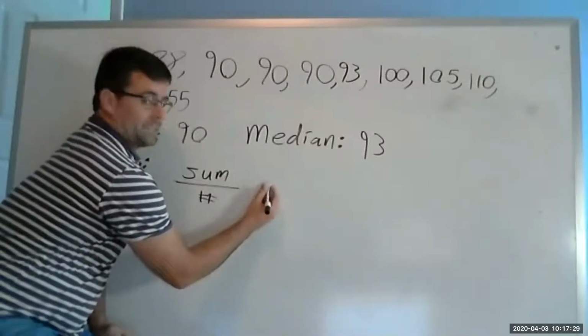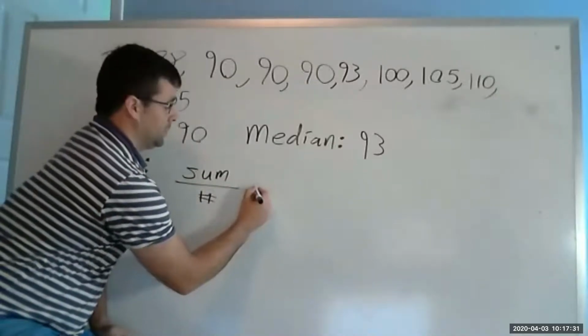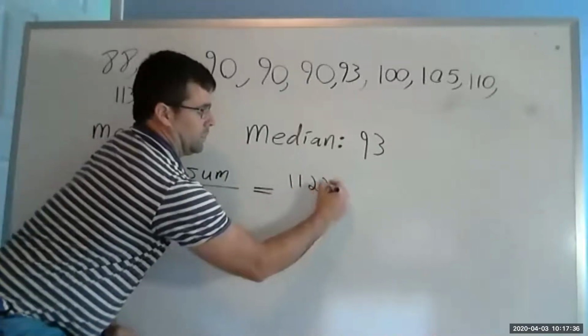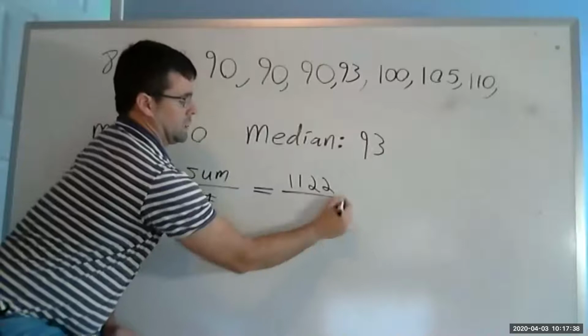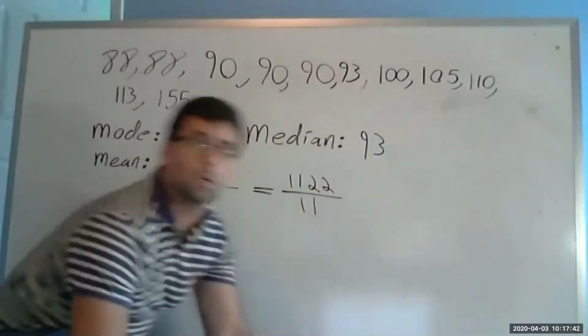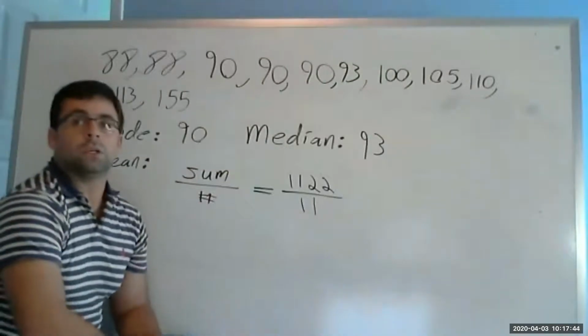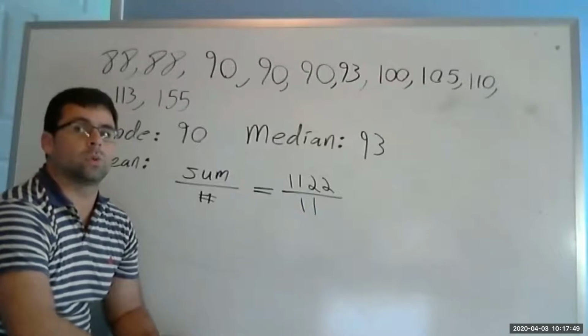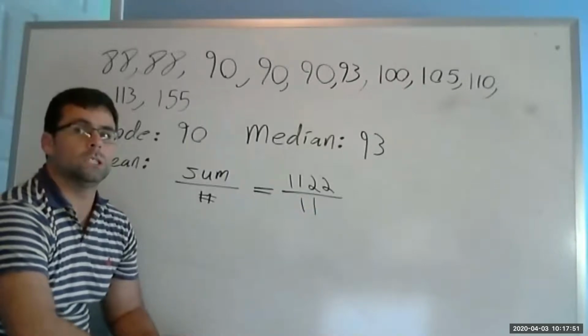So in this case, the sum happens to be 1122, and there are 11 different numbers. So what is 1122 divided by 11?